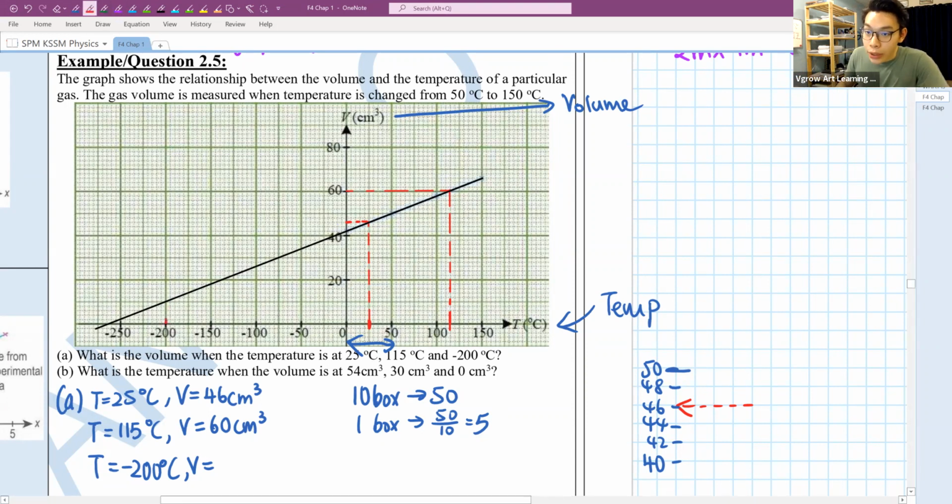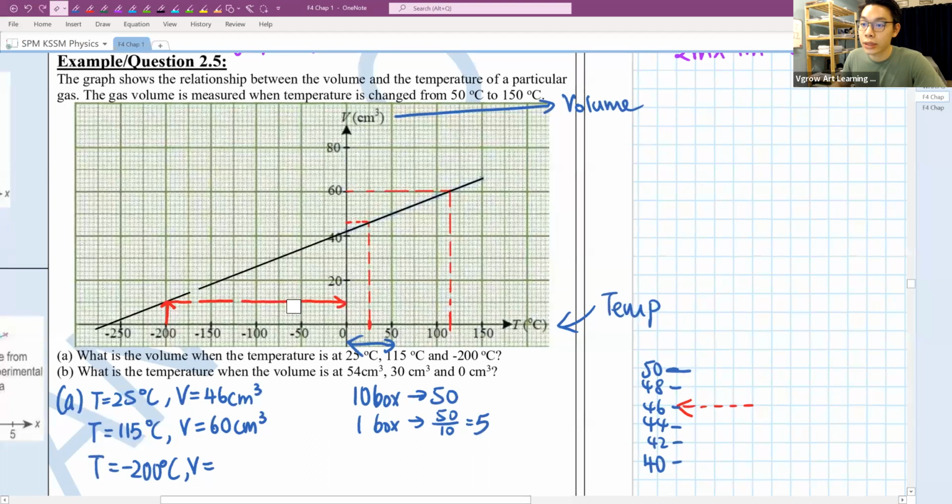So negative 200, you go up like this. It will touch on this line. Okay. Quite nice, this value. This value is 10 cm cubed. Okay, 10 cm cubed.